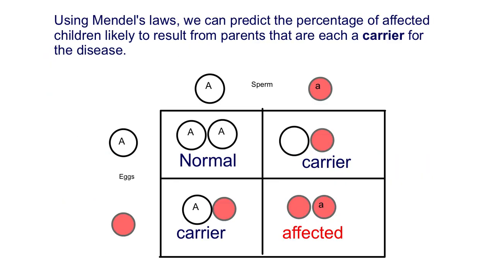So this is representing the cystic fibrosis gene, the little a. If you have two heterozygous normal people, they could get a child with cystic fibrosis.